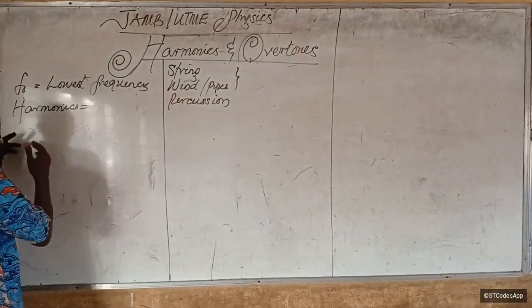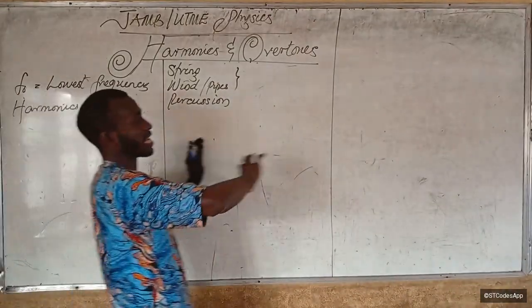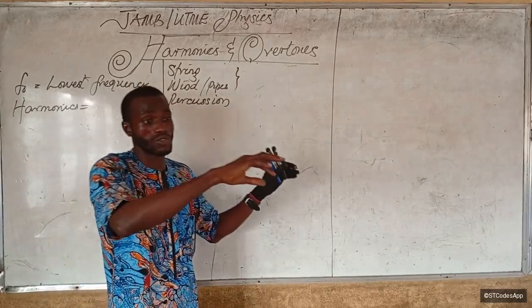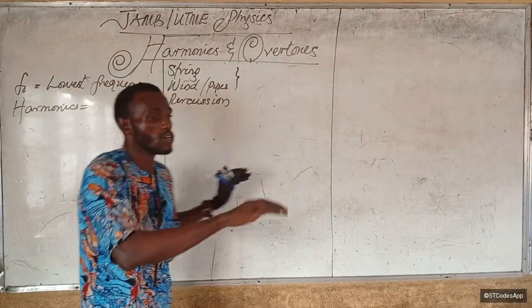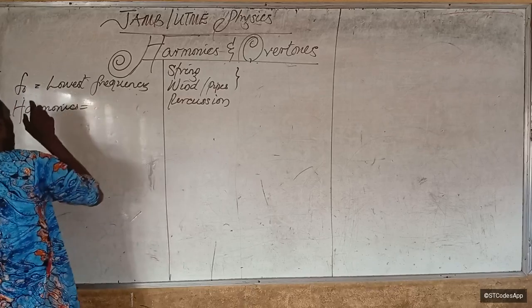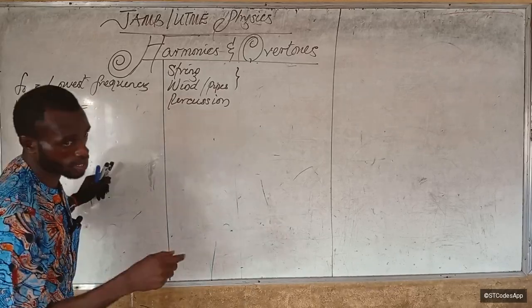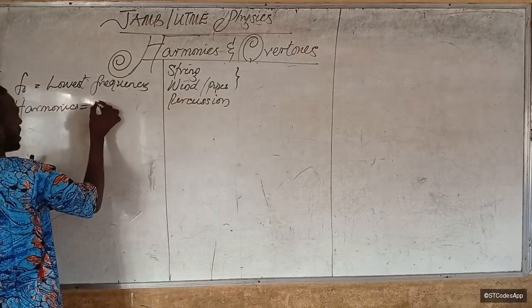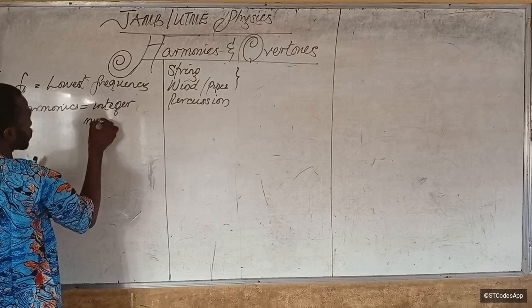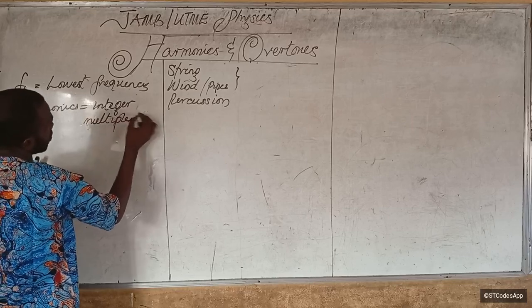So once we go from the fundamental frequency and we are going in that series, you see the set of frequencies that a string or wind instrument can produce. That set that includes the fundamental frequency is called the harmonics of that instrument. Then they are integer multiples of F naught.